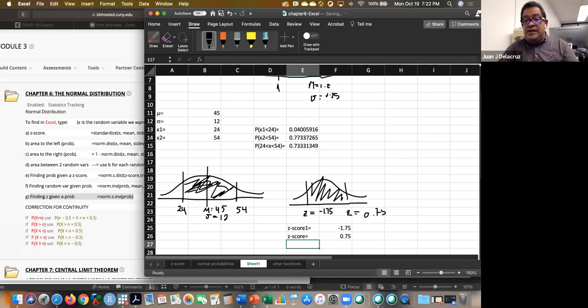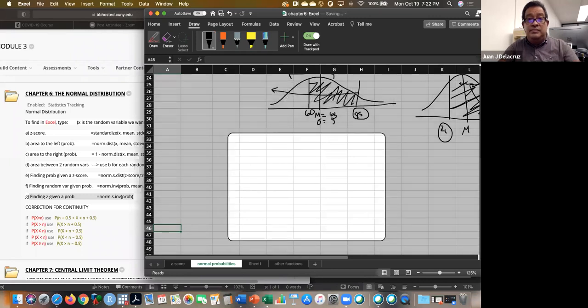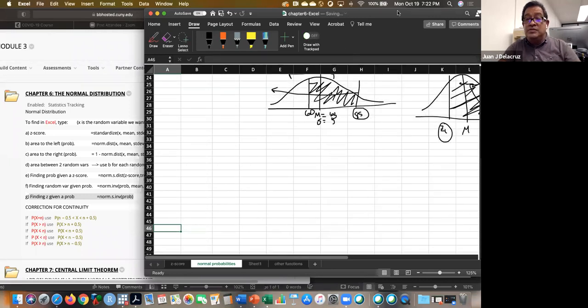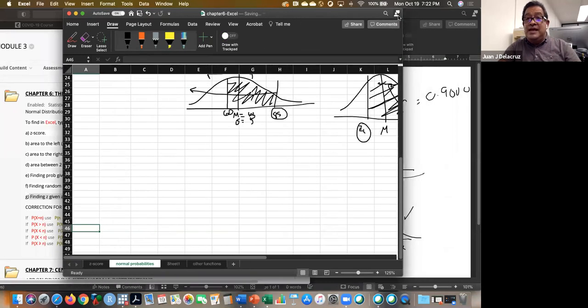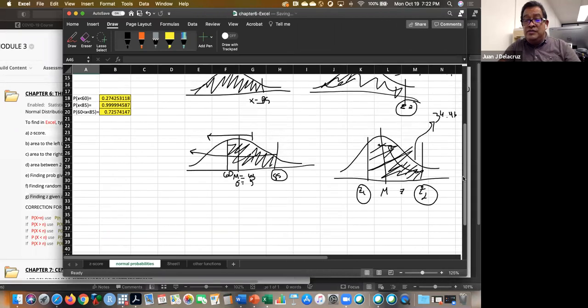So let's try the second, the one that we didn't do before. In this case, I think we found the area under the curve, right? So we have the area to the left of 60, and the area to the left of 85.